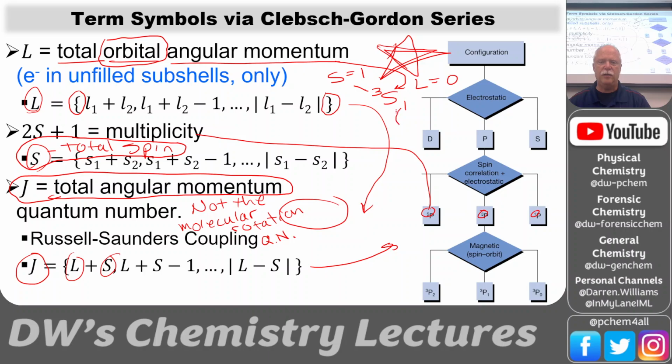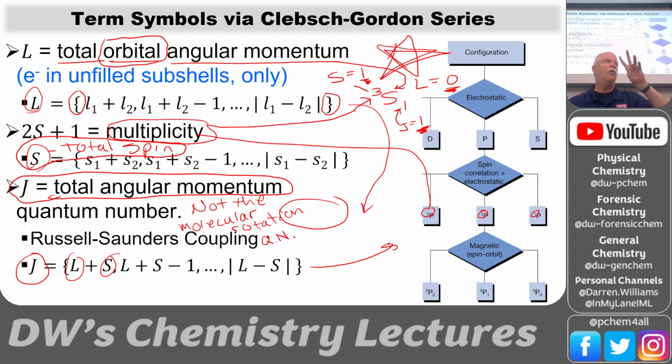If it's a triplet S1, J equals 1. And so those are the letters. If I ask for the total orbital angular momentum, it's 0. If I ask for the total angular momentum, it's 1. If I ask for the total spin, it's 1. If I ask for the multiplicity, this right here, it's 3.